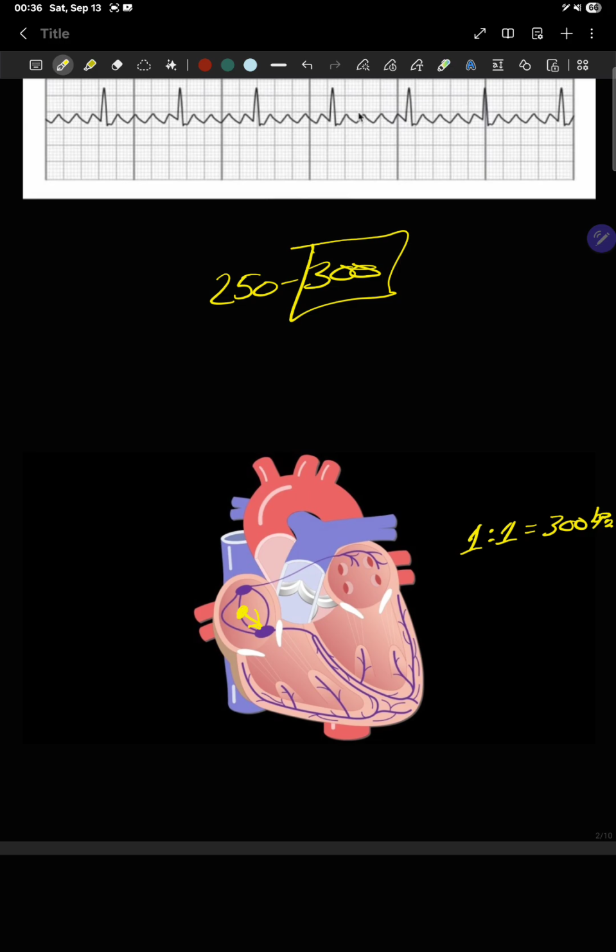Hypothetically, if I'm sending in a heart rate of 300, do you think my cardiac output is going to be decent? No, because these are flying so fast in the ventricles that even if I do get a drop of blood in there, boom, they're already gone.